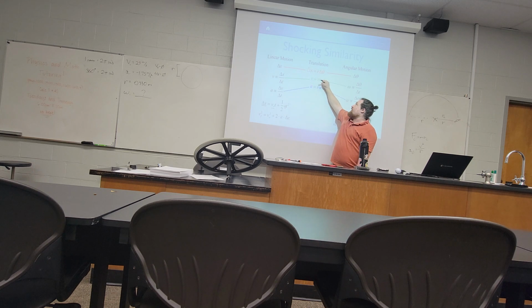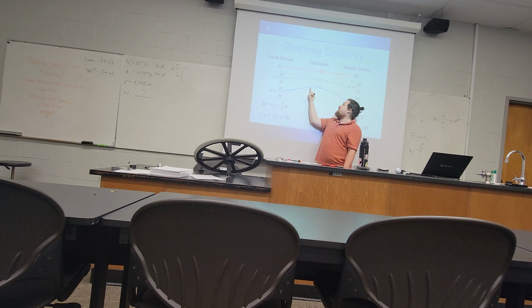I said a second ago that if you're watching a tire roll along the ground, the number of times it spins has an effect on how far forwards it rolls. They're directly correlated, right? Twice as many spins, you should move twice as far forward. So this formula does say that, but it also specifies that the radius of the wheel affects how the two translate to each other. As long as you know the radius of the spinning object, you can turn any of its linear data into angular data.